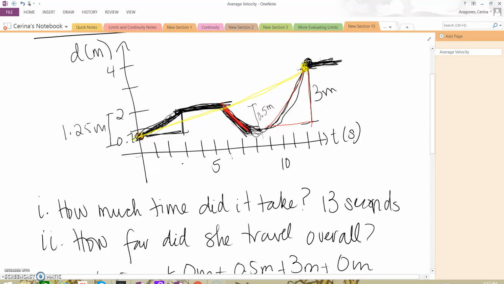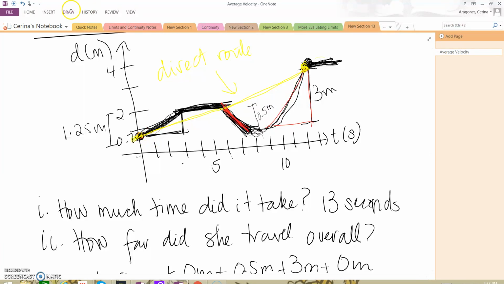Her average velocity from just going from her initial position to her ending position is a direct route. Okay, she doesn't go back and forth, she just goes straight. The slope of that direct route is her average velocity.